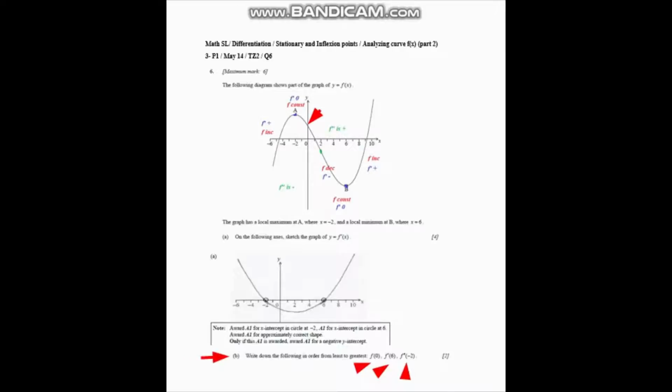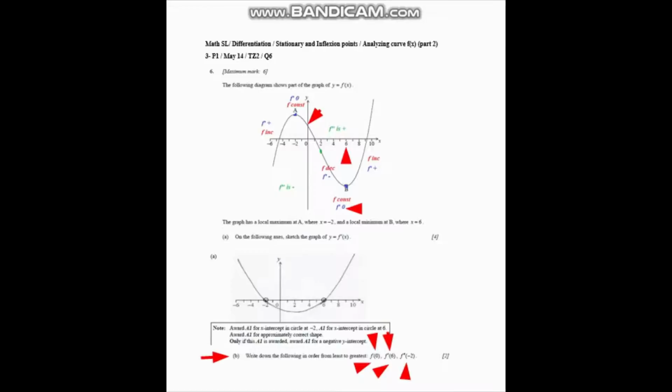So f of 0 is a positive value. The y value is positive, it's above the x-axis. Whereas f dash of 6, so when x equals 6, f dash is 0. So I know that this is a positive value and that this guy is 0.